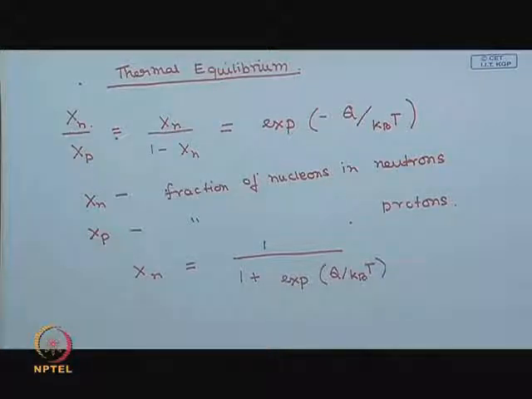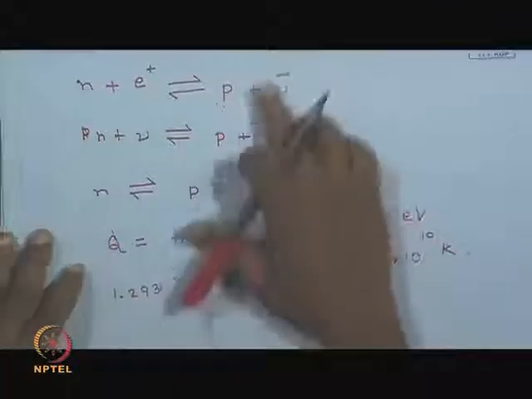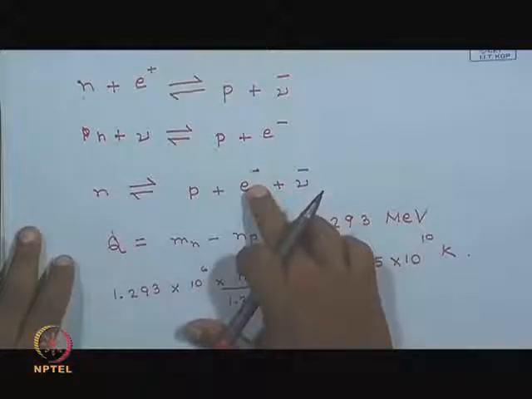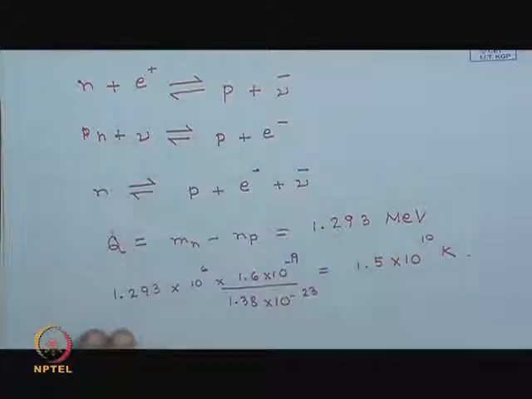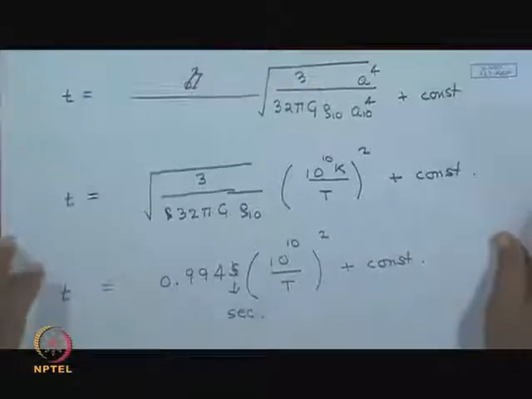We have discussed already that to determine if these reactions are in thermal equilibrium or not, we have to look at the reaction rates and compare them with the rate of expansion, the Hubble parameter, at this epoch. And we have already calculated the Hubble parameter.